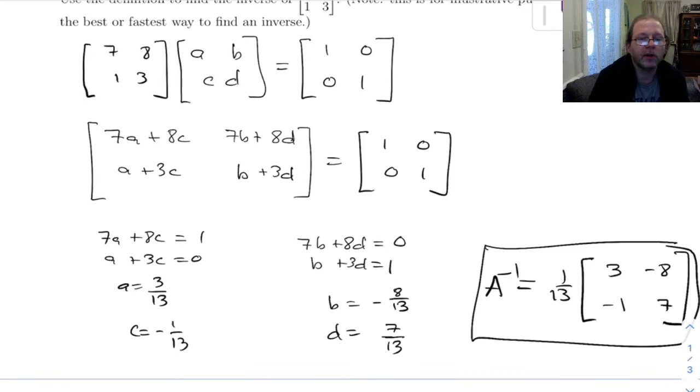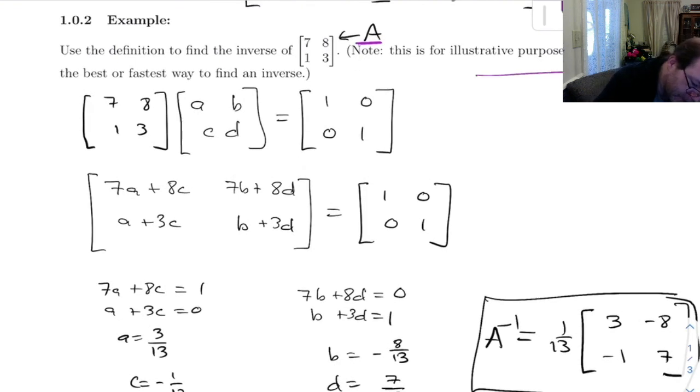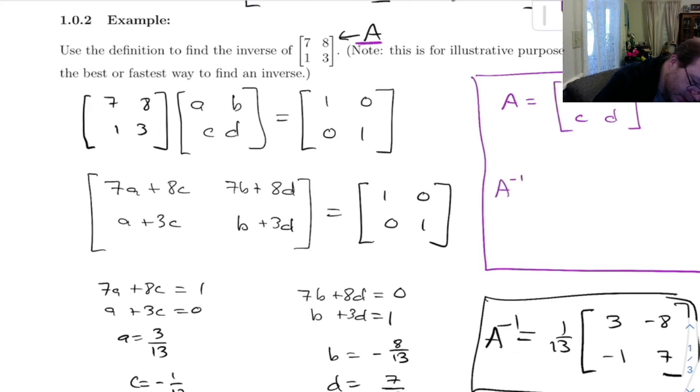All right, one more thing. There's a formula that we can use, and we can kind of pull it straight off of here. This formula is for the inverse of a 2x2. If your original matrix is A, B, C, D, then the inverse, if it exists, is 1 over AD minus BC.